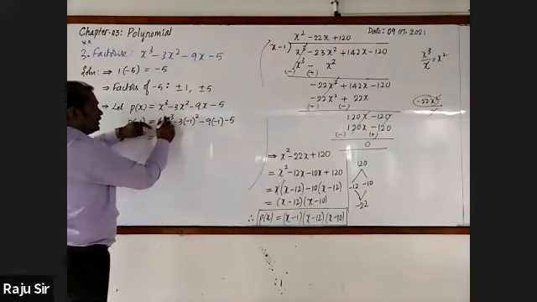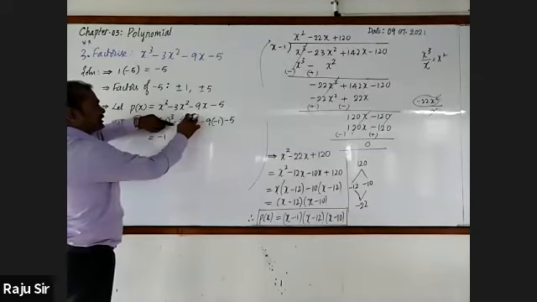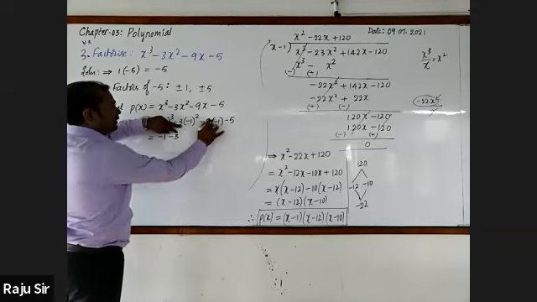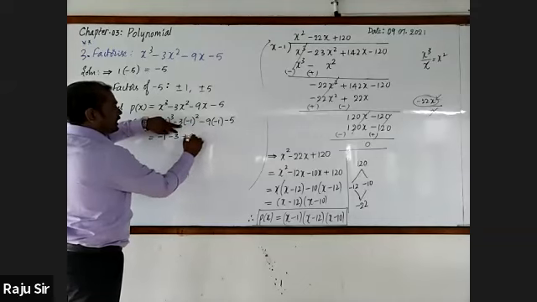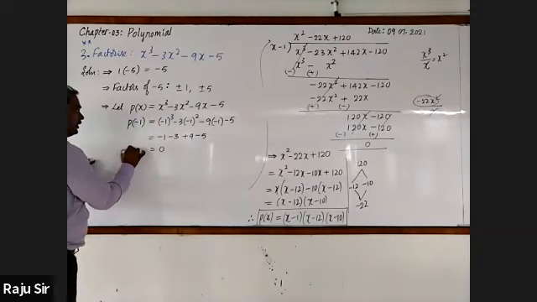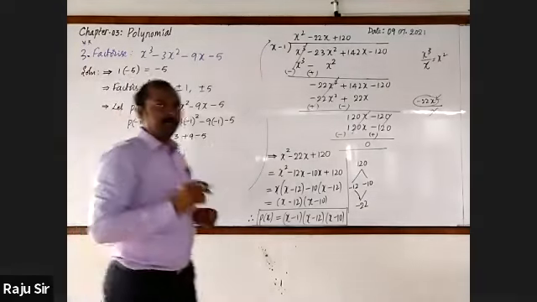Simplify this. Minus 1 whole cube is minus 1. Minus 1 whole square is plus 1. Plus 1 into minus 3 is minus 3. Minus into minus is plus, 9 ones are 9, then minus 5. This will be equal to 0, which is nothing but the remainder.